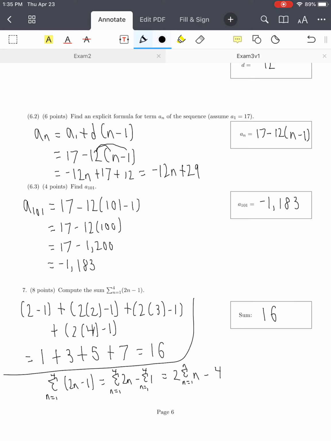The formula for summing n is n times n plus 1 over 2, where n is what we are summing to.